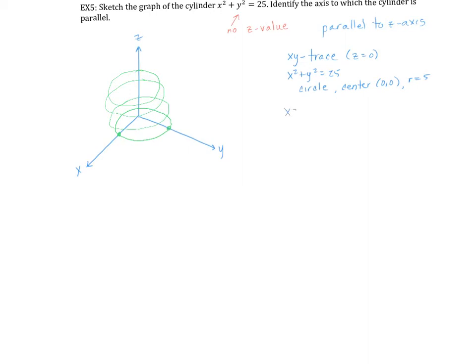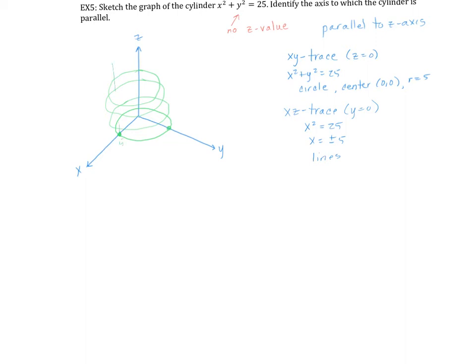If I look at the xz trace, that just means that I'm letting y equal 0 in my equation. That gives me x squared equal to 25, or x is equal to plus or minus 5. And that makes sense because these are simply lines. Going back to my graph, I'm going to go to 5, right? This was 5.